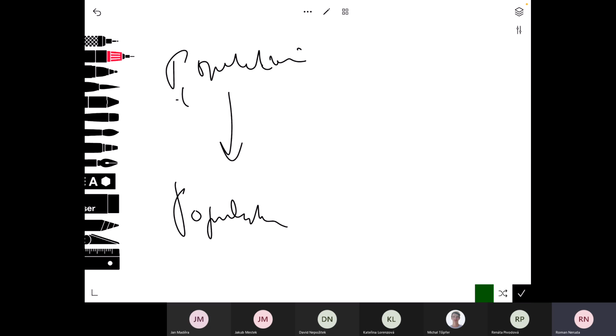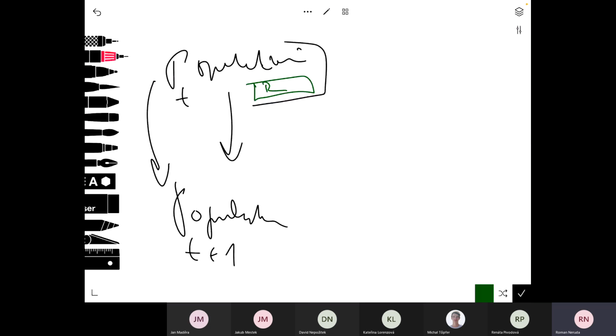This is population T, this is population T plus 1. And you're selecting your reference set that helps you to create a more diverse population. By going from here to here, this is the scatter search. This is the scatter part.